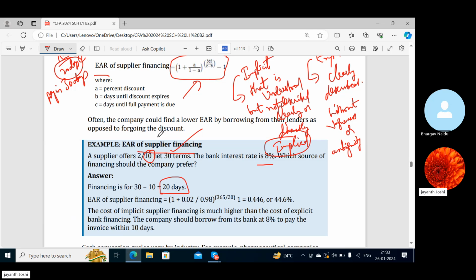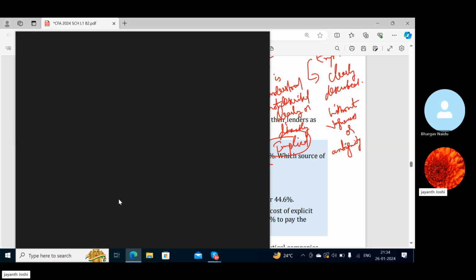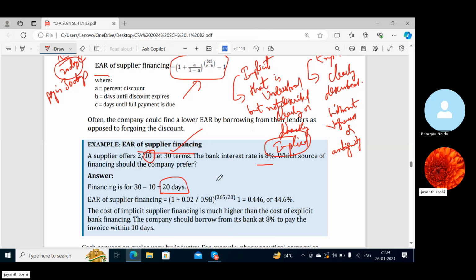Why 20 days? If you make the payment in 10 days, you get a 2% discount, right? And if you delay, it's going to be the whole 30 days. So why is the financing for 20 days here?